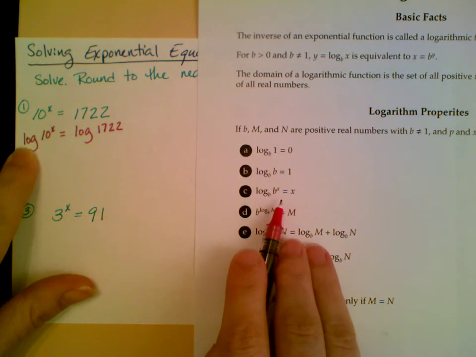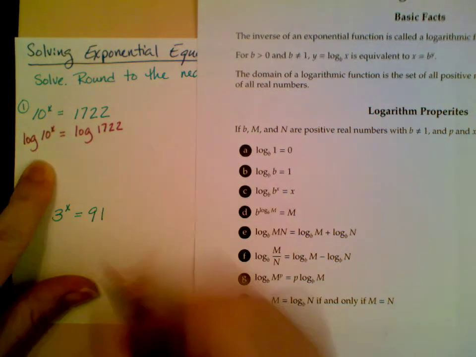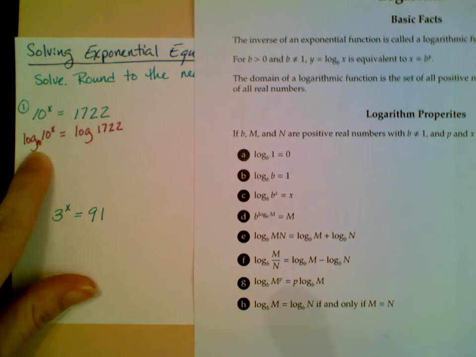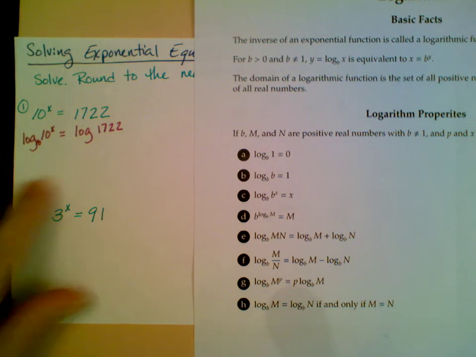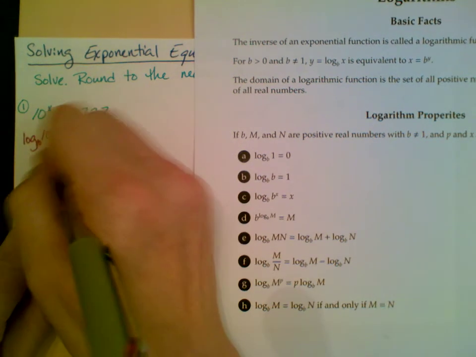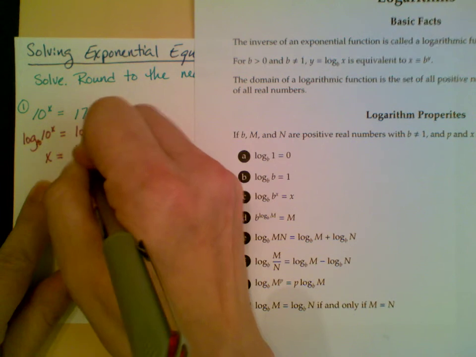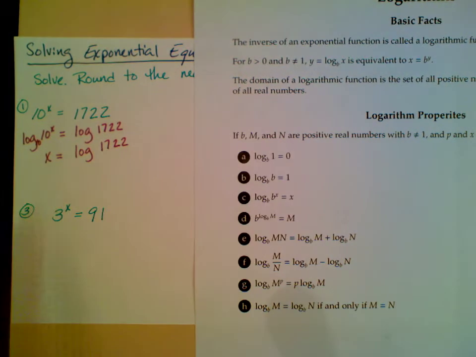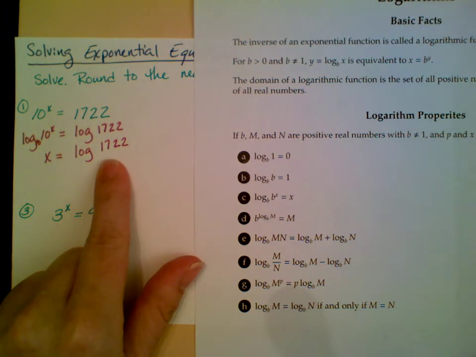So what I have here is log base 10. If I want to emphasize it, I can write in that 10. Log base 10 of 10 to the x, well, that is just x. So x is equal to log of 1722. Now that is my exact answer.